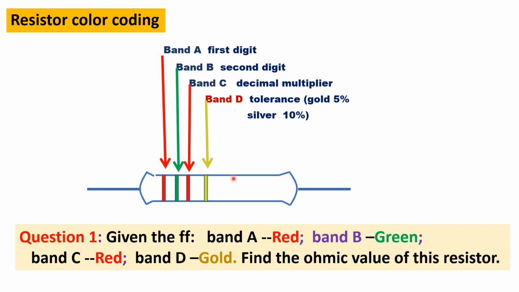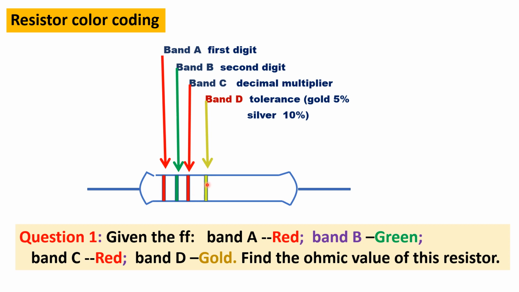Then the fourth band is a little distance away from the first three. So you will know which color band is used for determining the tolerance.